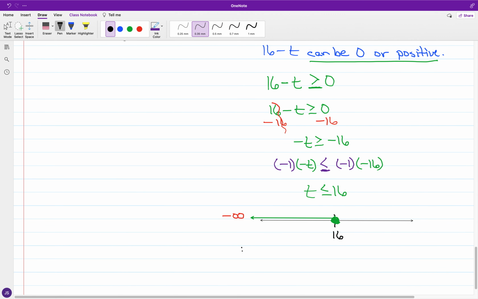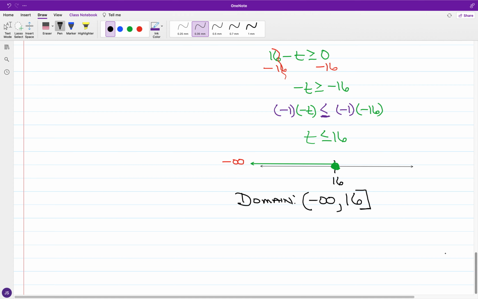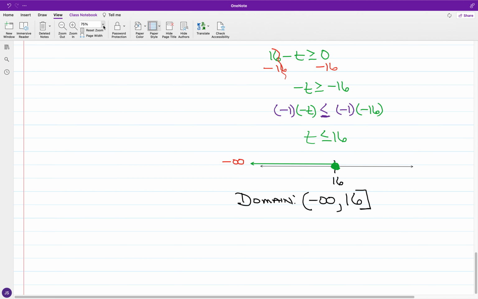In the case of the domain, you have going from negative infinity, and a reminder, infinities, positive and negative, remain in parentheses. So we go past negative infinity out to and including the number 16, which is going to be in the bracket. So this will be your domain solution for part A in problem 100.